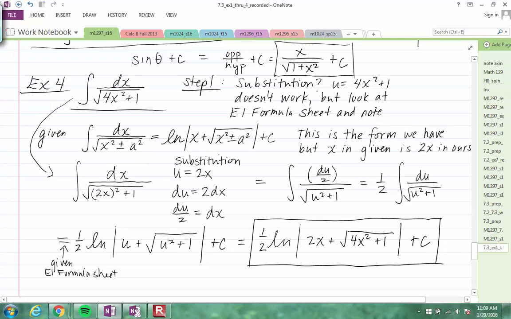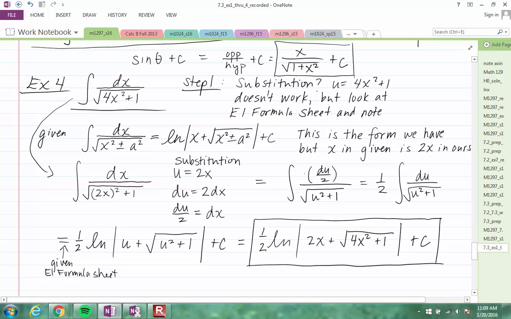And another thing to mention, if you look on the integration strategy handout, which has another table on page 3 of given integrals, this one has some stars next to it, and this form of this integral can be derived, or is derived, by using this trig substitution.